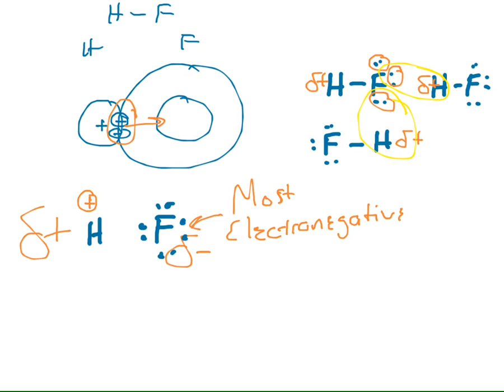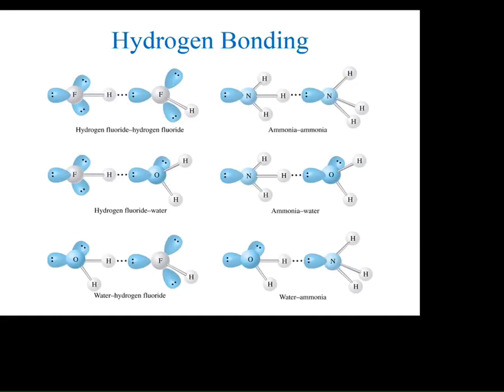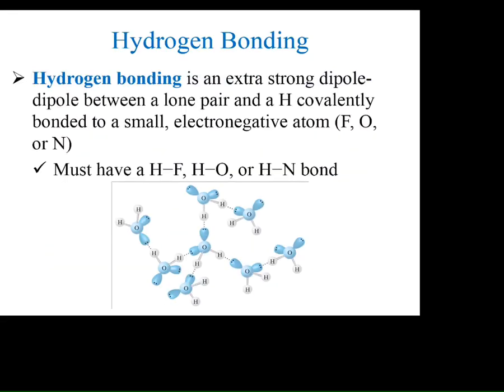So it is still like the dipole-dipole, but just an extra strong version of that. So I've got really positive hydrogens drawn to really negative lone pairs, which are pure electrons, pure negative charges. So that's hydrogen bonding. So remember, to have that, you've got to have a lone pair, and you've got to have either an HF, HO, or HN bond, right? Okay? You've got to have a lone pair, and you've got to have an HO, an HF, or an HN bond.